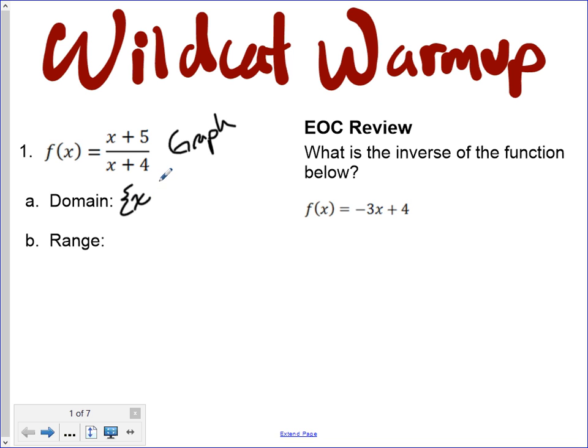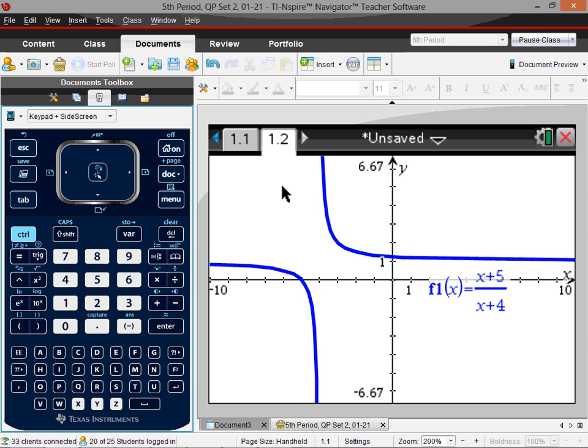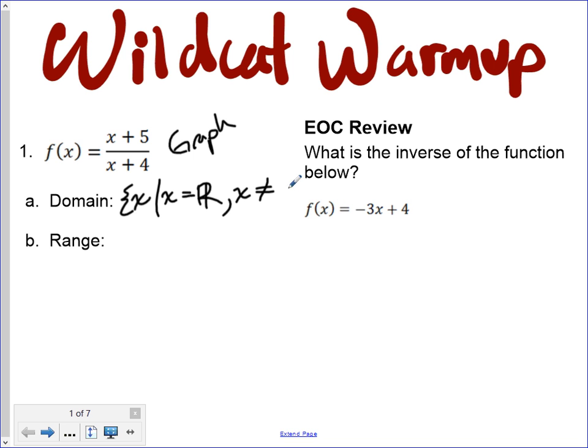Yeah, it's all real numbers. X cannot equal -4, but that's not what you said. You just said x is -4. So x is all real numbers except for -4.